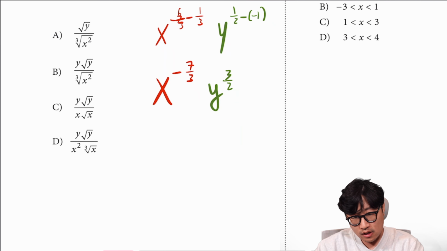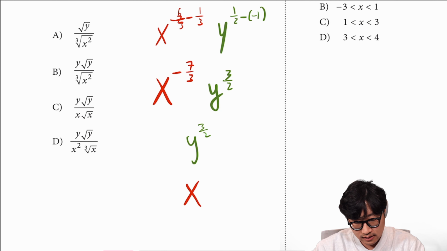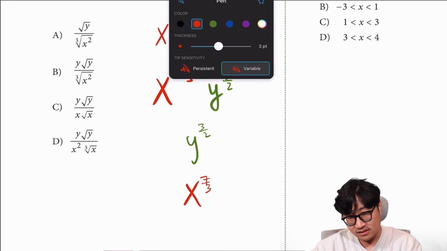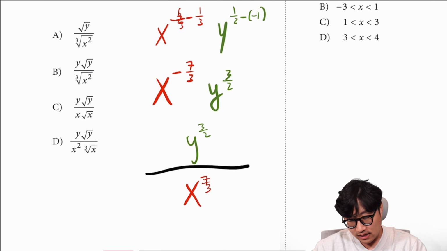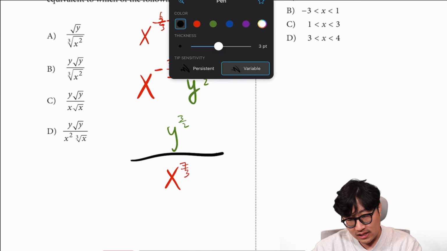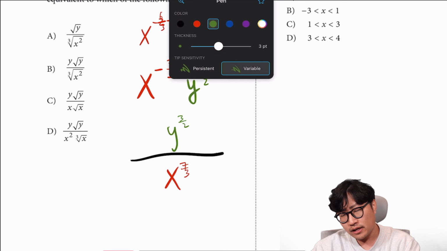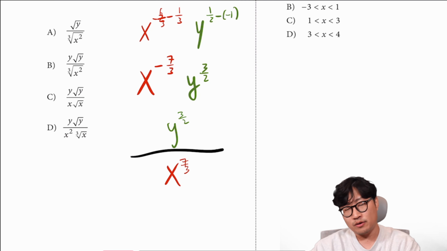First of all, the y to the 3/2 should stay on top, and the x to the 7/3 should be on the bottom because of the negative exponent. If you look at all the answer choices, you have to have them in roots.